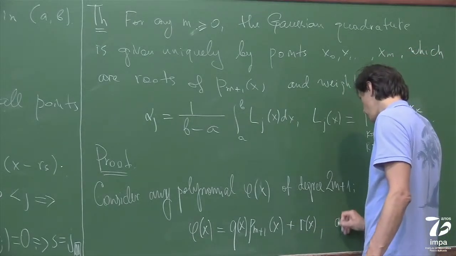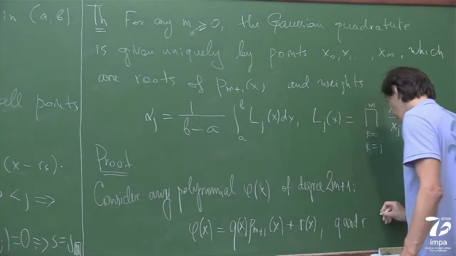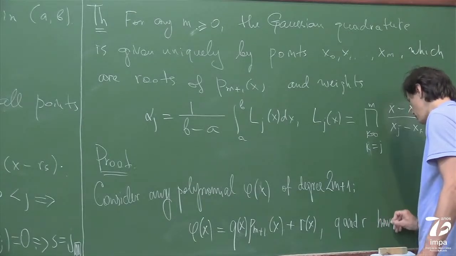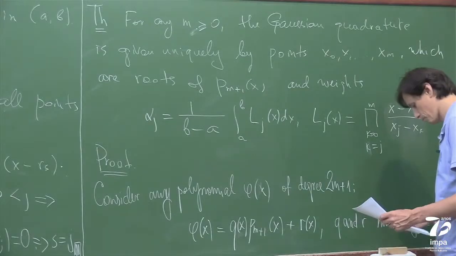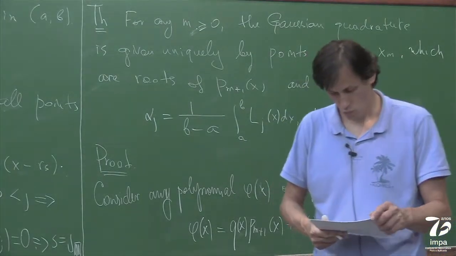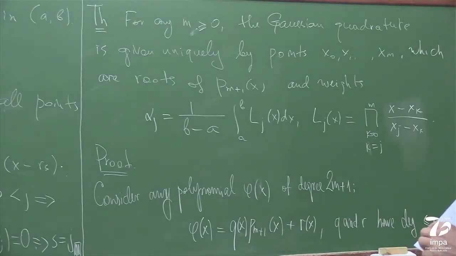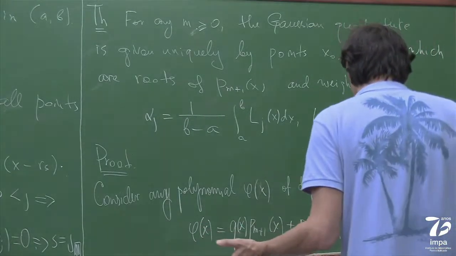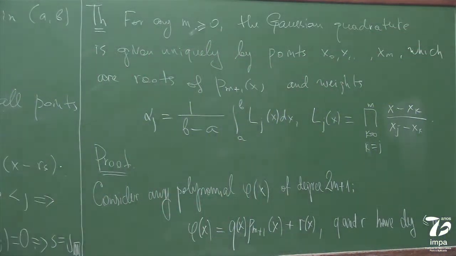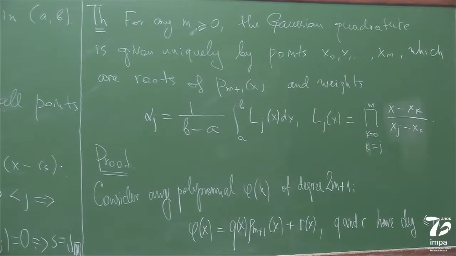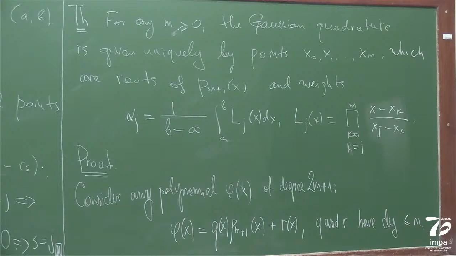So q and r are polynomials of degree smaller than or equal to m. I guess you remember that. So we split it into two pieces, and now let's show that this procedure allows us to verify that the quadrature works.